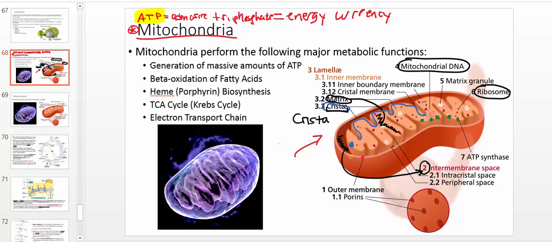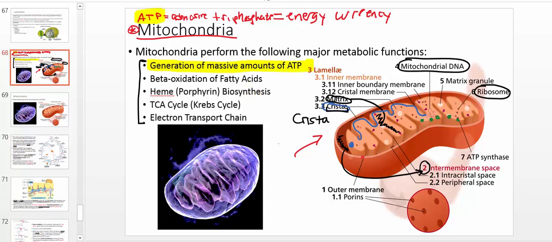What also is really important is to have a basic understanding of some of the really important processes that go on inside the mitochondria. Of really important note is this very general function, generation of massive amounts of ATP. So all of these cellular processes that go on, you have massive productions of ATP relative to that which is produced in the cytosol.